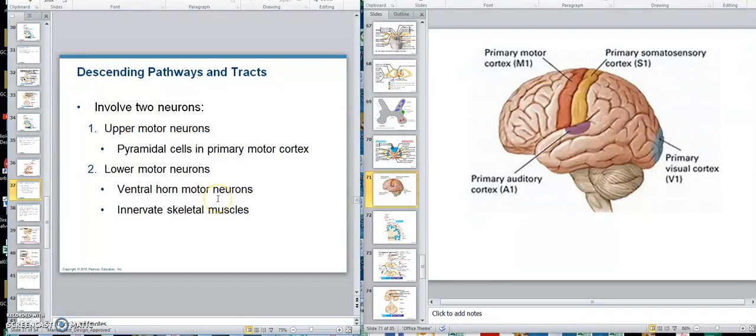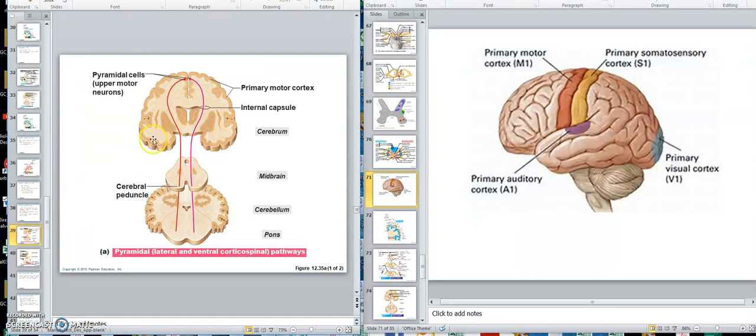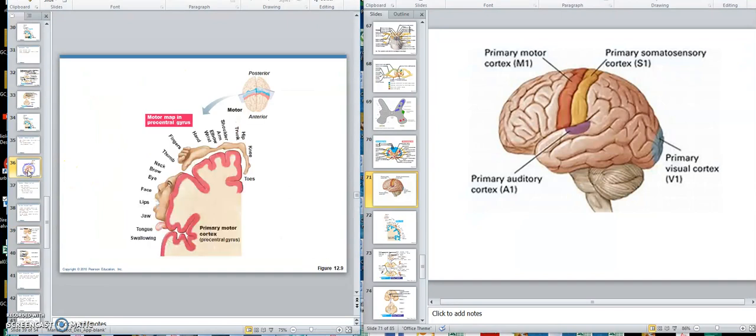It's only two, not like in sensory where it was three generally. Upper motor neurons. So I'm going to come down. Here would be me coming down. So that would be the neuron cell body that I'm dealing with.